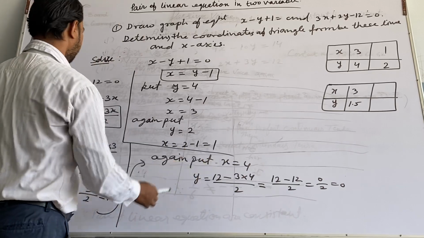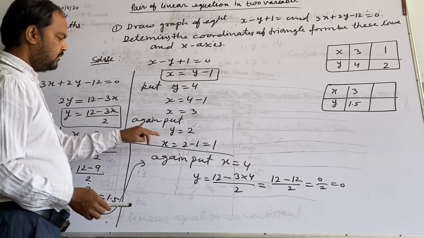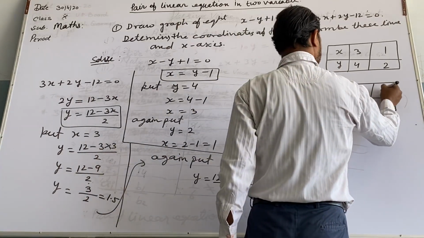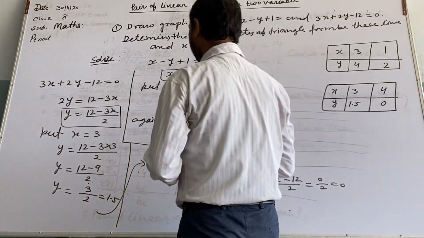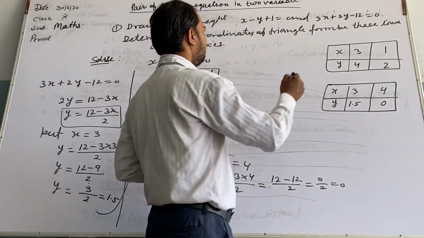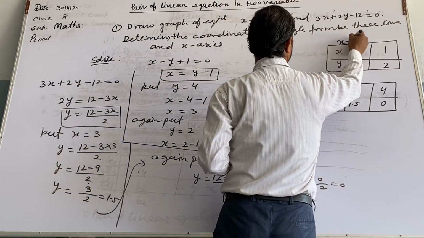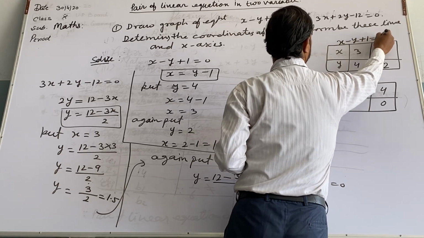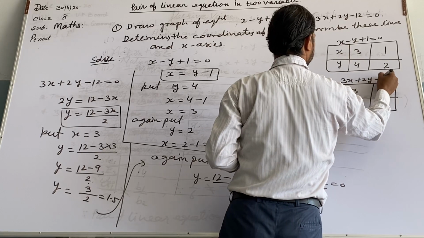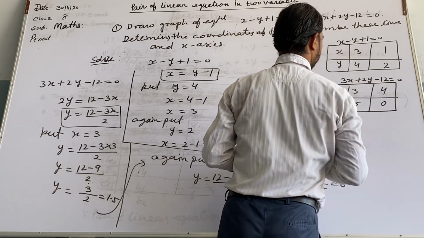When you put x equal to 4, 3 into 4 gets 12, and this way it will be 0. So x equal to 4, y equal to 0. Now we have found two solutions for both equations. This is for the equation x minus y plus 1 equal to 0. This is for 3x plus 2y minus 12 equal to 0.